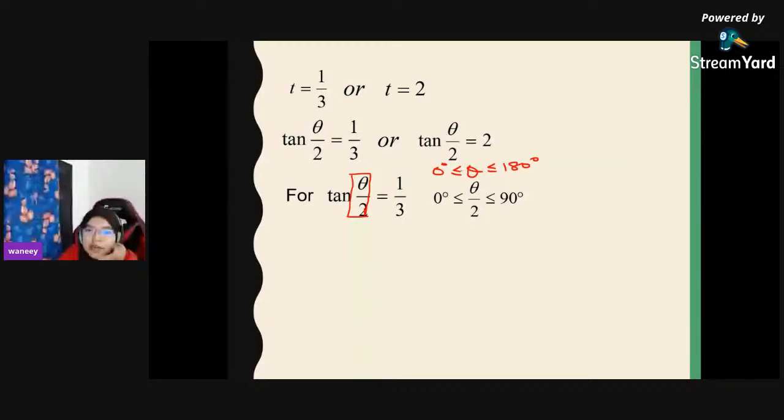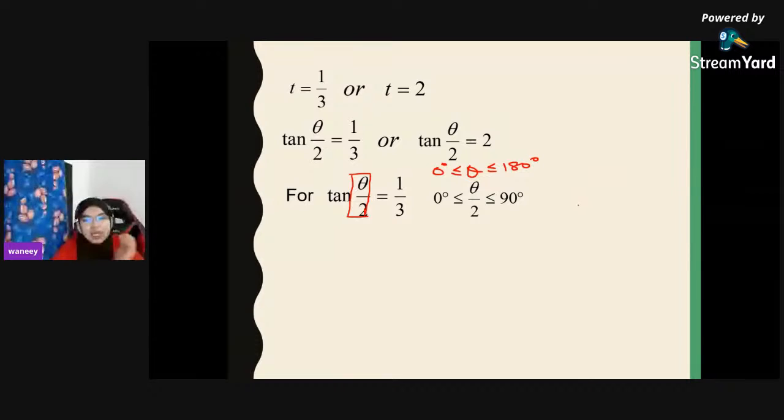So instead of having theta in between 0 and 180, we are going to have theta over 2 between 0 and 90. You might be wondering, how do I get 0 and 90? We divide them by 2. So 0 over 2 is 0, 180 over 2 is simply 90. So I divide everything by 2.